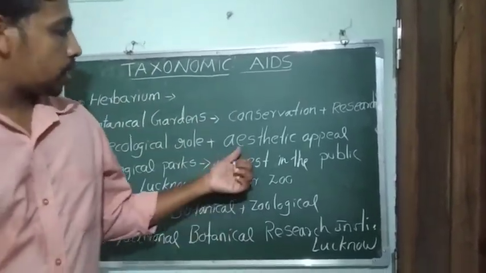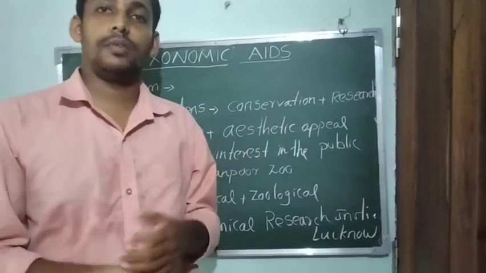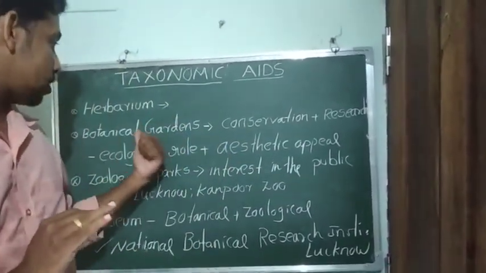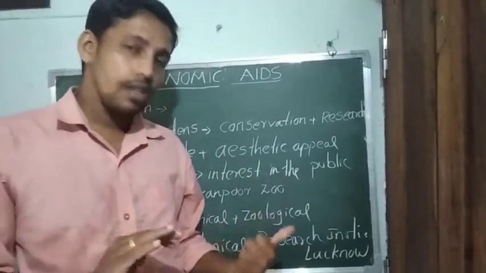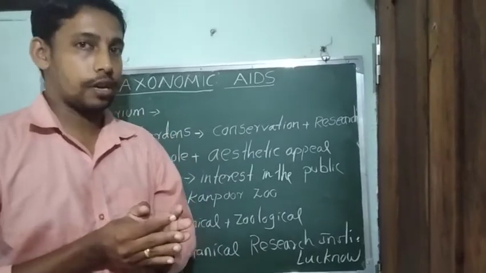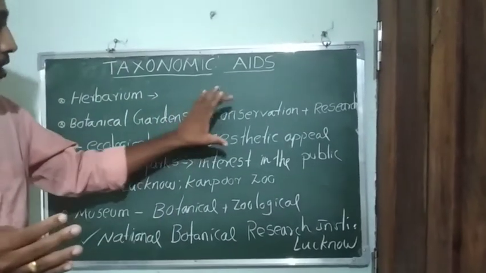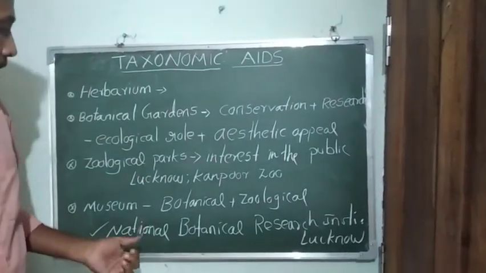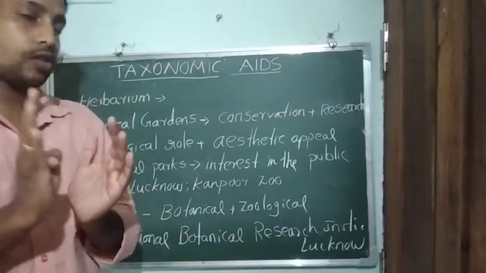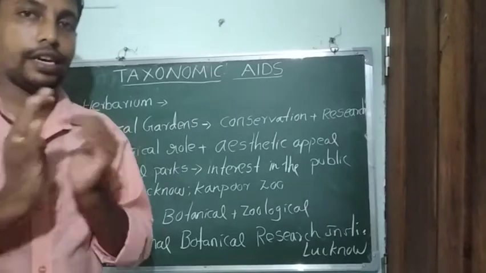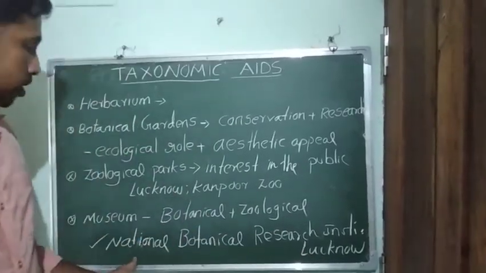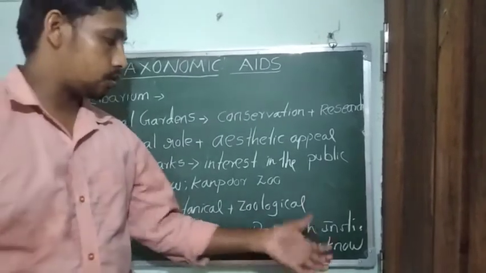And also there is aesthetic appeal. We can visit these botanical gardens and enjoy the natural beauty there. The National Botanical Research Institute, Lucknow, in Uttar Pradesh, is one of the major botanical gardens in India.